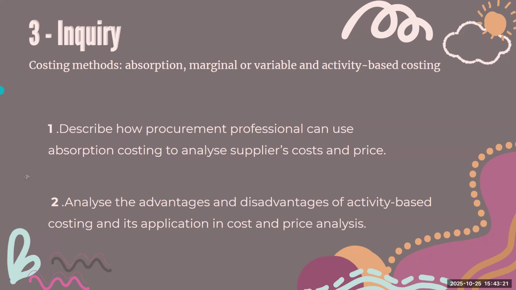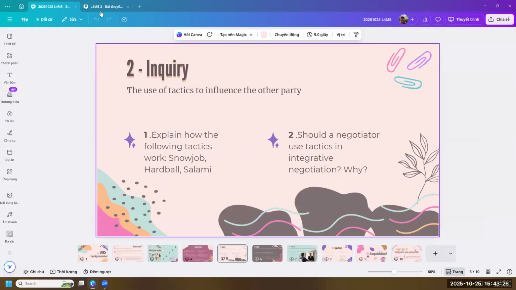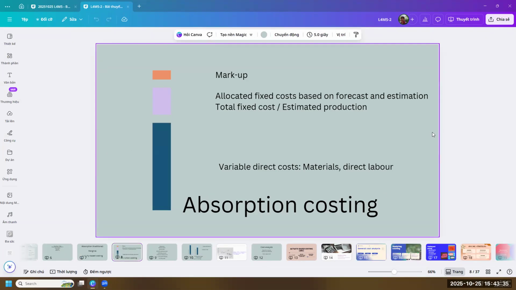All right. Let me illustrate absorption costing and activity-based costing based on some example. So absorption costing is quite straightforward. We have different parts of the cost for unit cost. For both absorption costing and activity-based costing, we consider the unit cost.